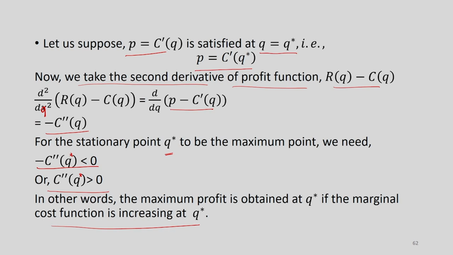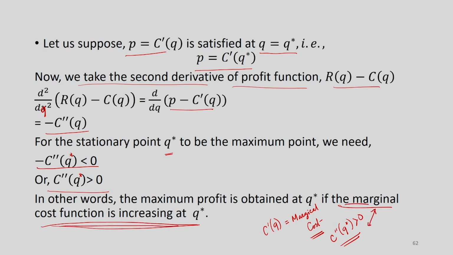Why am I saying that? Because c prime q is the marginal cost. C(Q) is the cost function, so C prime Q is the marginal cost, and when you are saying that C double prime Q star is greater than 0, it means that the marginal cost function is increasing at Q star.